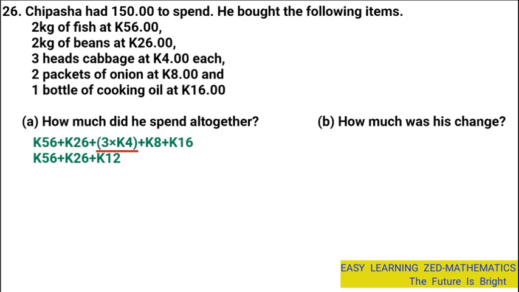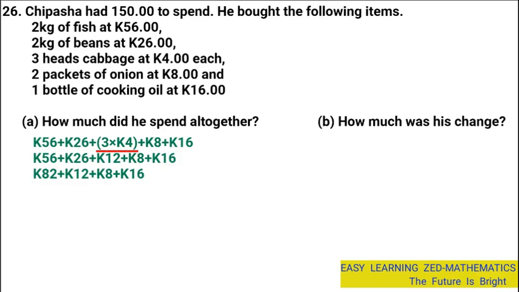Okay? Once I've done that, then now I will start adding. So 56 plus 26 will give me 82 kwacha. I've added 56 plus 26, which has given me 82.